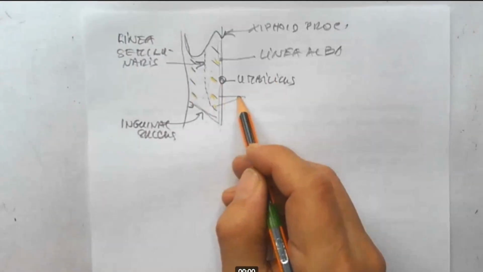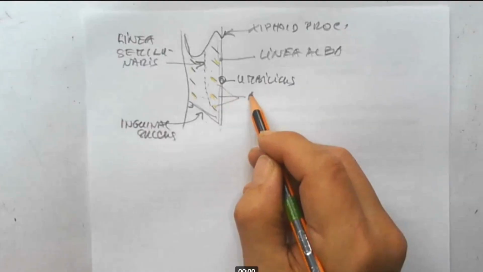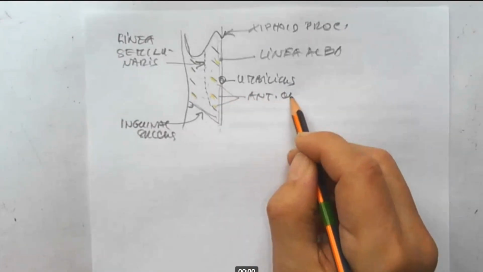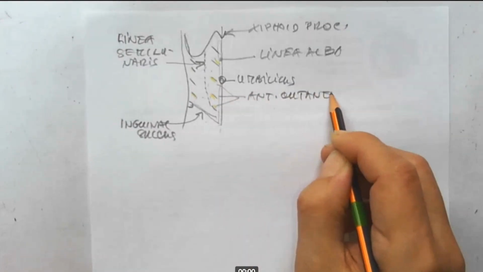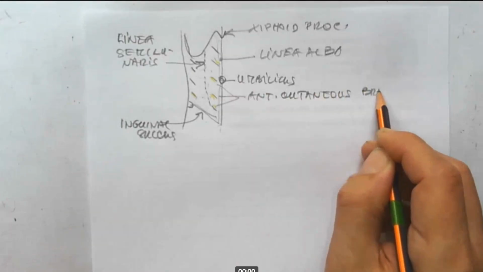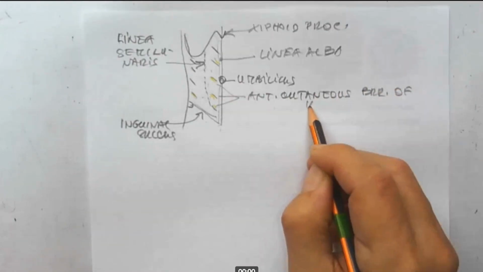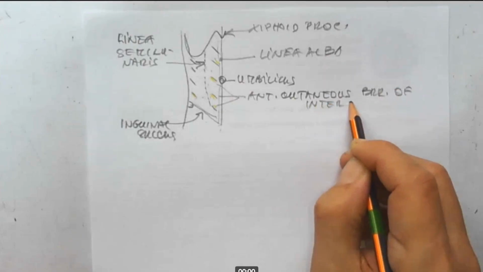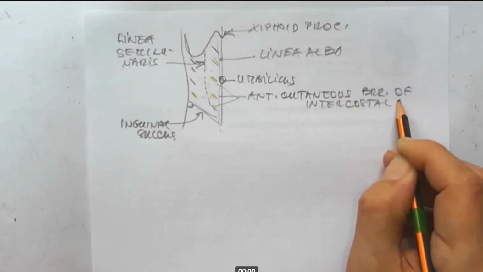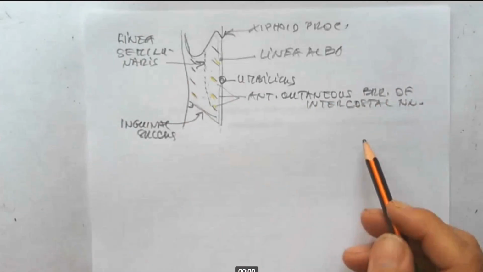The nerves here are called anterior cutaneous branches of the intercostal nerves, definitely. So these are dorsal, posterior.